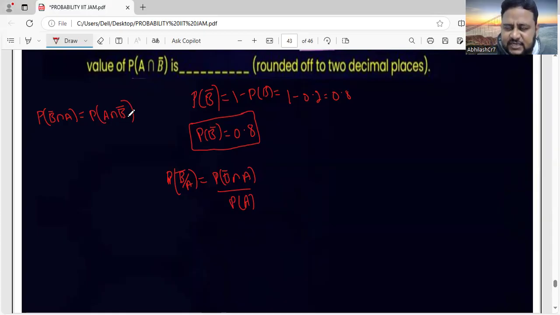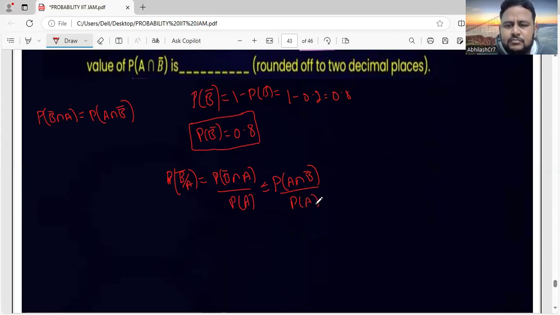Probability of B intersection A is the same as probability of A intersection B. Probability of C intersection A is the same as probability of A intersection C. This does not change. I am asking what is common between B dash and A, which is the same as asking what is common between A and B dash. So this I can write as probability of A intersection B dash divided by probability of A. Got it?